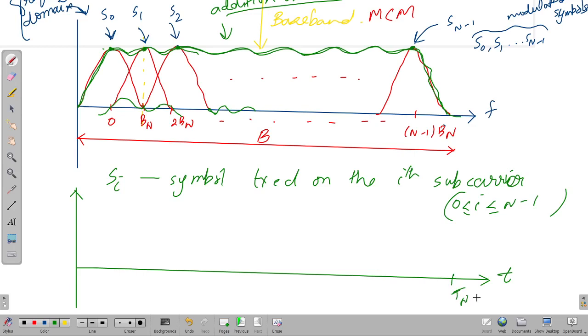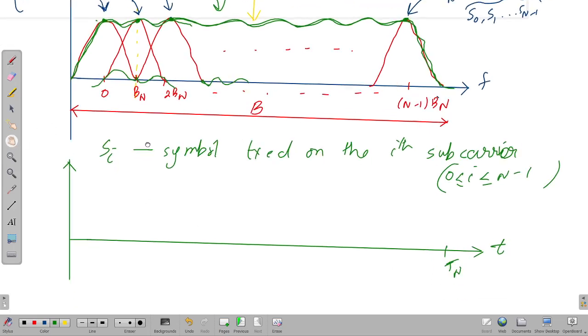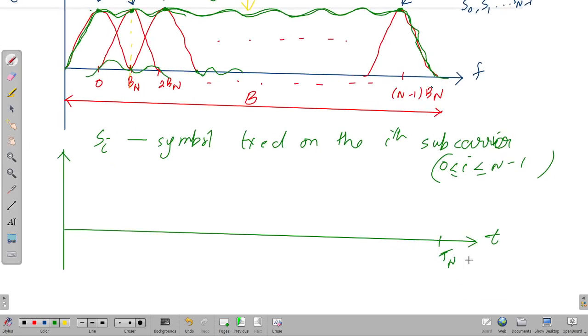Tn is the time duration of the OFDM signal, or it is the time duration of each of these subcarriers. So you can have the first subcarrier, something like this.